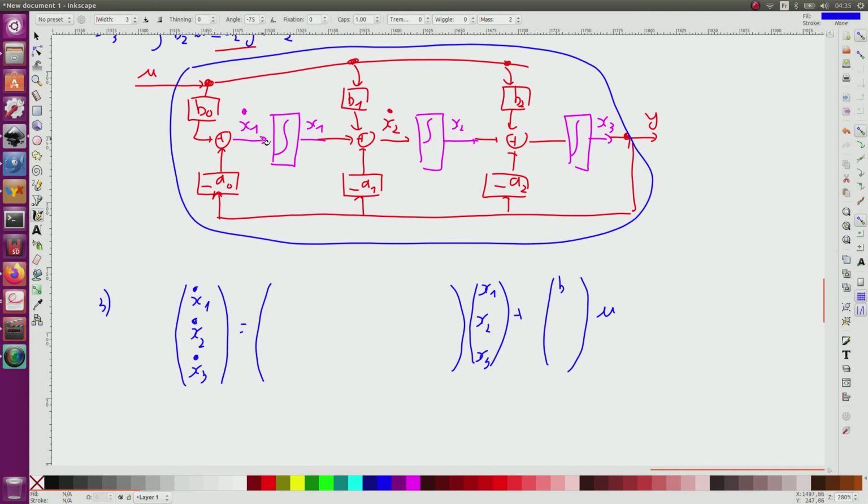Okay, so x dot 1 corresponds to b0 u minus a0 y, but y corresponds to x3.